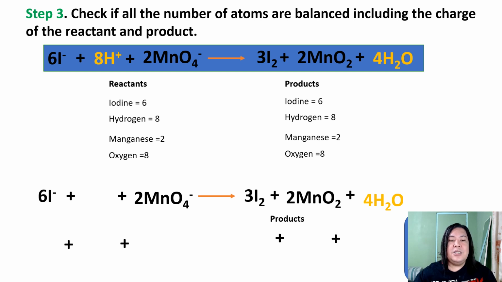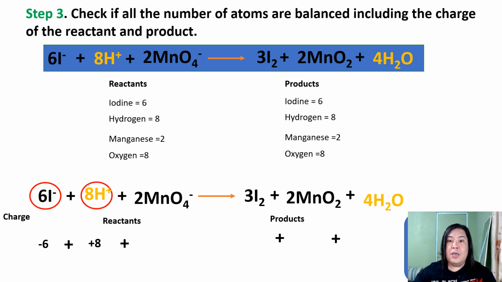Okay? So, ano ngayon yung charge natin? In this first part, in the reactant, yung 6 na yan, 6 times negative 1, so that is negative 6. Okay? Yan yung charge ng first substance natin sa reactant side. Followed by 8 hydrogen ion. 8 times positive 1, that is positive 8. Okay? Followed by the permanganate ion.